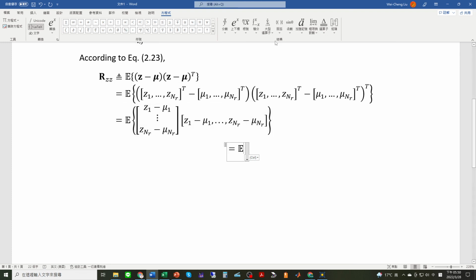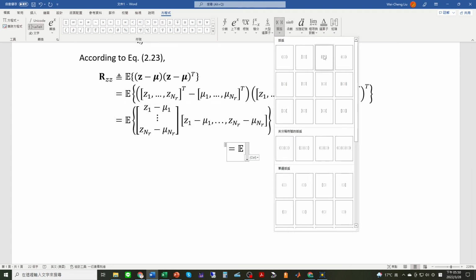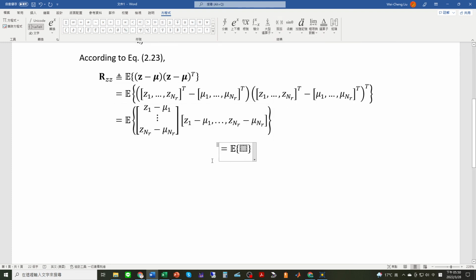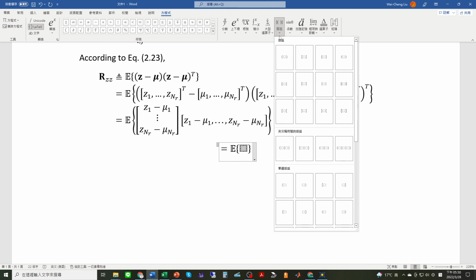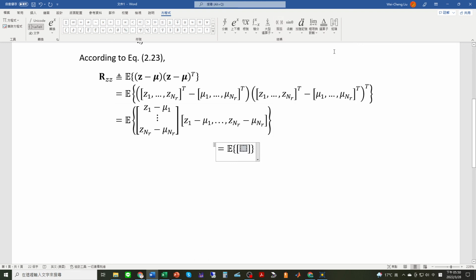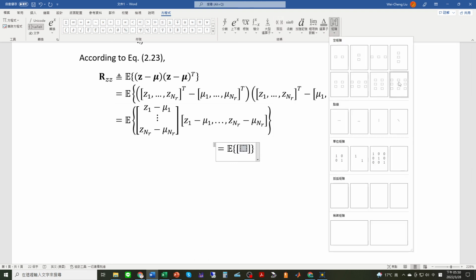Please see the following equation. Expectation and a big bracket and a matrix. So I need a bracket and a 3 by 3 matrix.